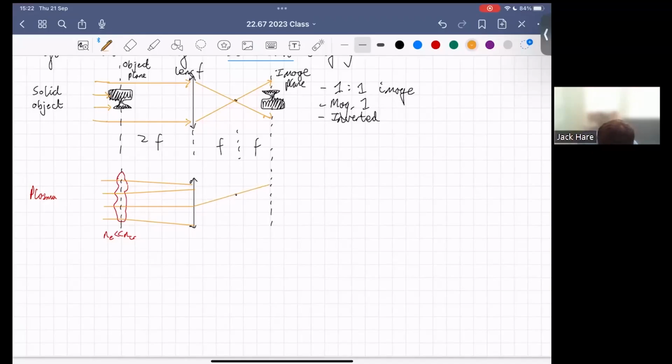It's going to go straight through the focal point, as you'd expect. This one that was deflected upwards is going to be deflected down, but it's going to slightly miss the focal point. It's going to be slightly above it, like that. This one that was deflected downwards is going to be the opposite way. It's going to be slightly below the focal point, and this one that was deflected downwards is also going to be slightly below the focal point.